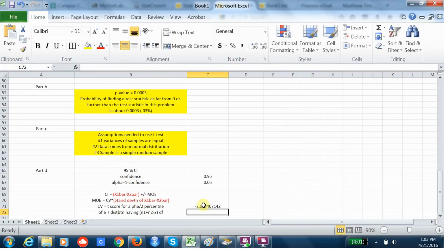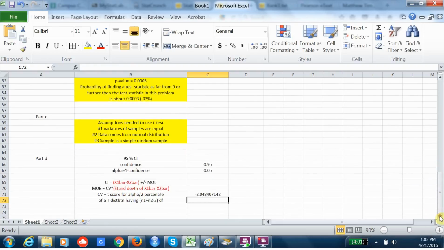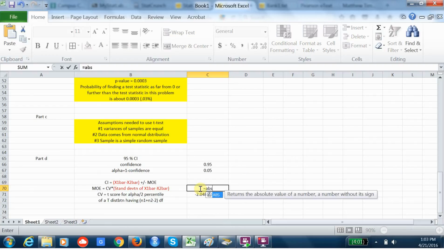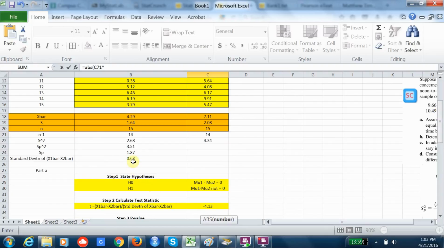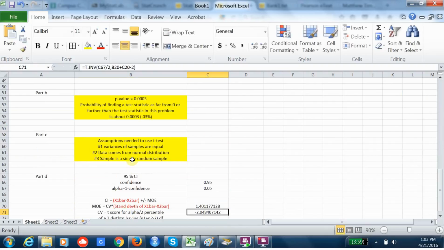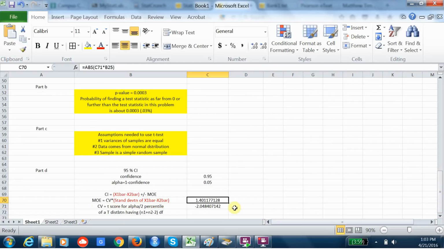Okay, and that's going to be a negative number. I'm going to correct that when I compute the margin of error, because now the margin of error is just going to be equal to, I'm going to take the absolute value of this times the standard deviation of x1 bar minus x2 bar, which I computed way up here. Okay. And so there's my margin of error.